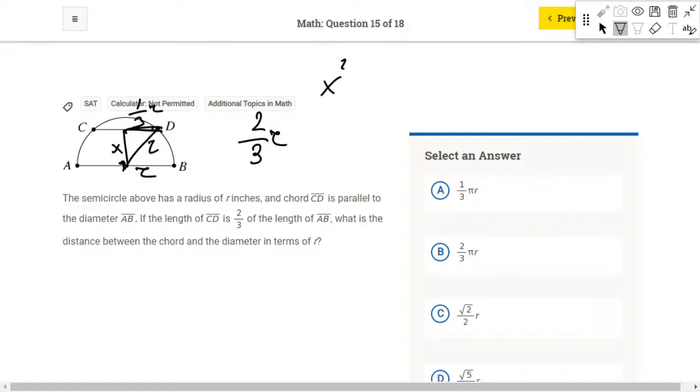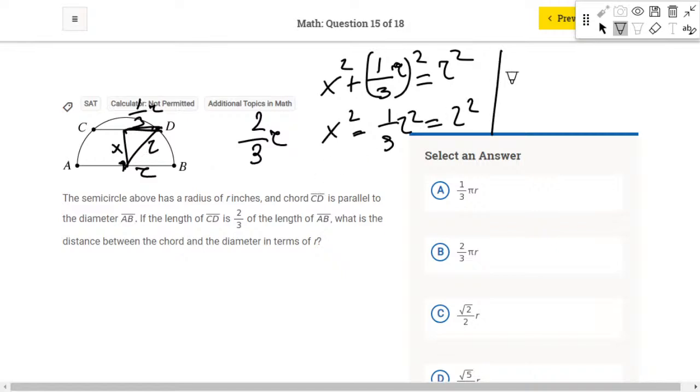Again, we write x squared plus 1/3 r squared equals r squared. x squared equals r squared minus 1/9 r squared. I'm getting a similar thing like 8.